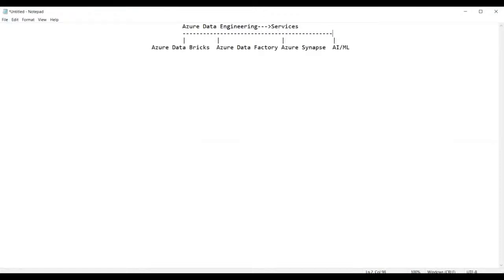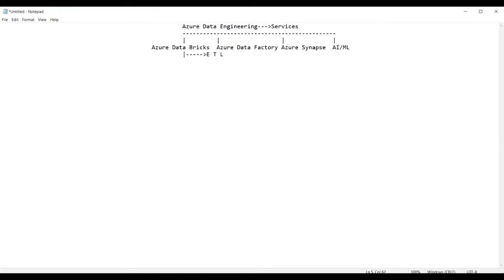That means all end-to-end solutions for the data. Data engineering means end-to-end solutions for the data. Now, what is Azure Databricks used for, and what is its purpose? This service, Azure Databricks, is provided by Microsoft to perform the job of ETL. What is this ETL?